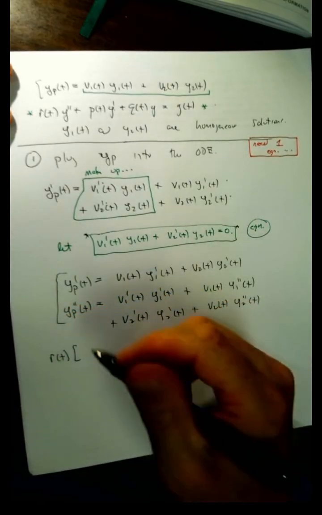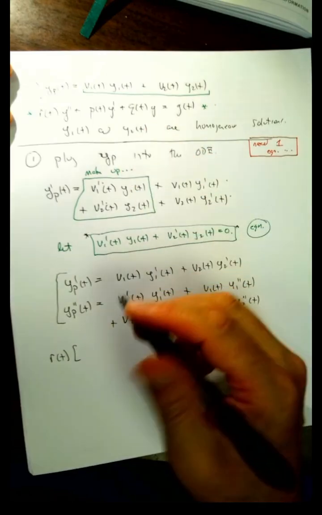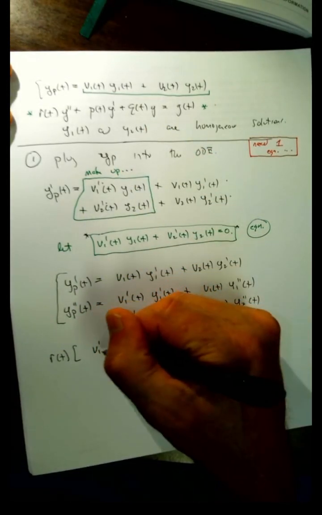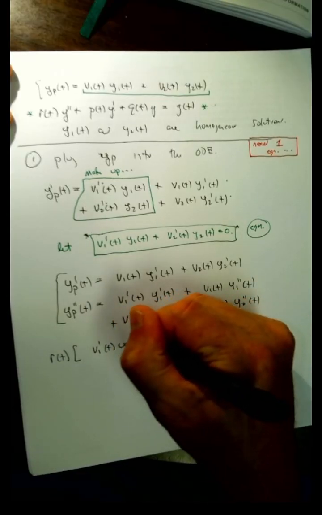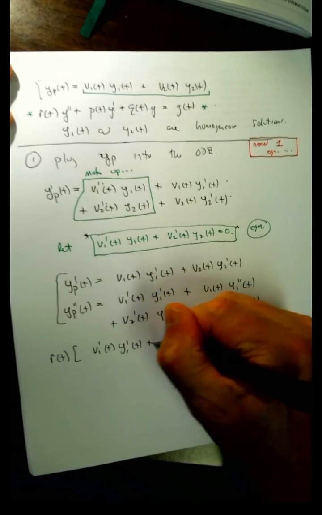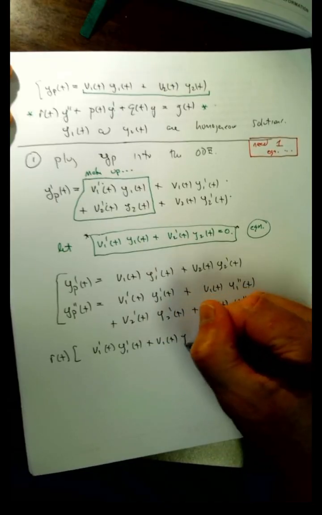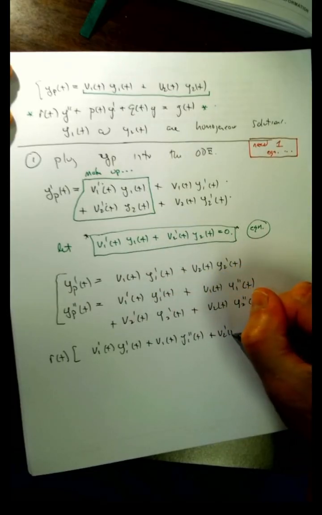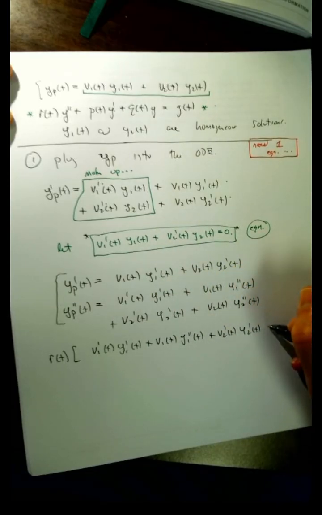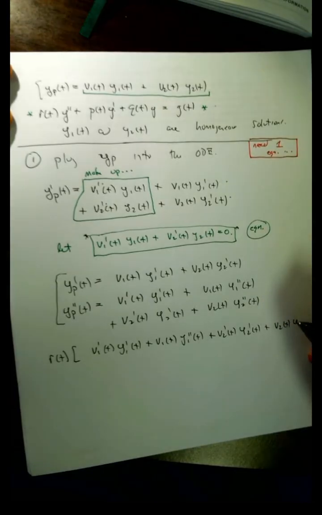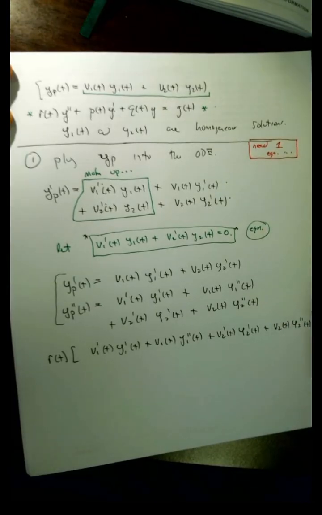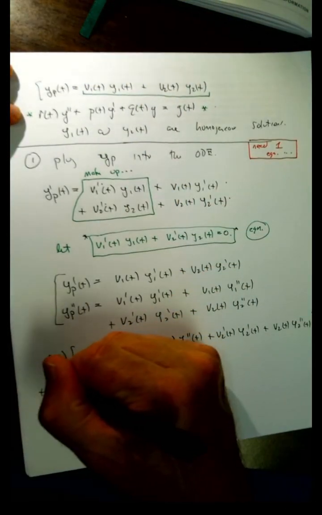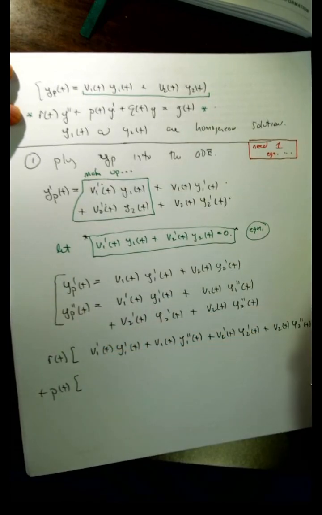So I'm going to have r of t times y double prime. So it becomes this whole mess. It's v1 prime, y1 prime, plus v1, y1 double prime. Then I'm going to have plus v2 prime, y2 prime, plus v2, y2 double prime. So that takes care of this term here, plus p of t times y prime.